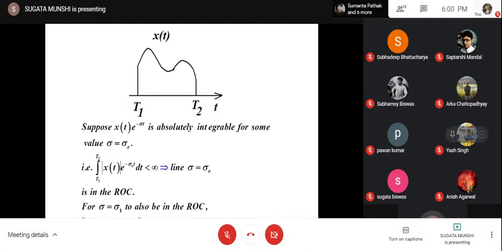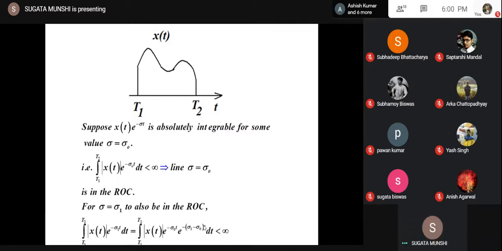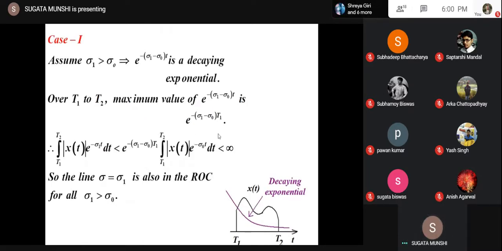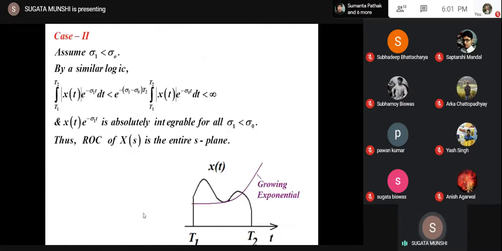So it's an exponentially decaying signal, e to the power minus (sigma 1 minus sigma 0) t. For an exponentially decaying signal, the smaller the value of t, the larger the value of this signal. So what will happen?